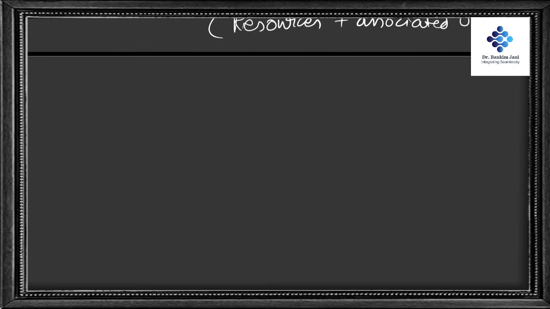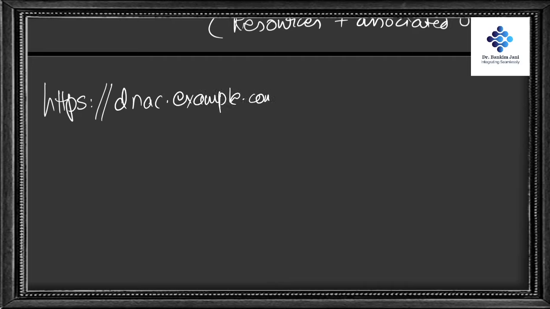Say one example is something like HTTPS://dnac.example.com. Let's say this is just an example. This will help us understand what exactly is the host name, what is the address, what is the path, what is the resource.